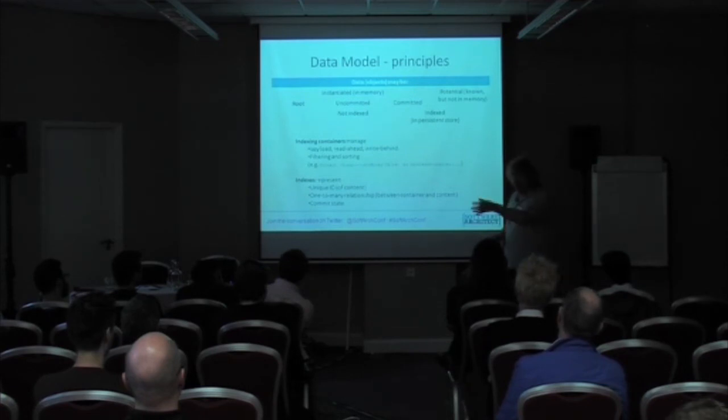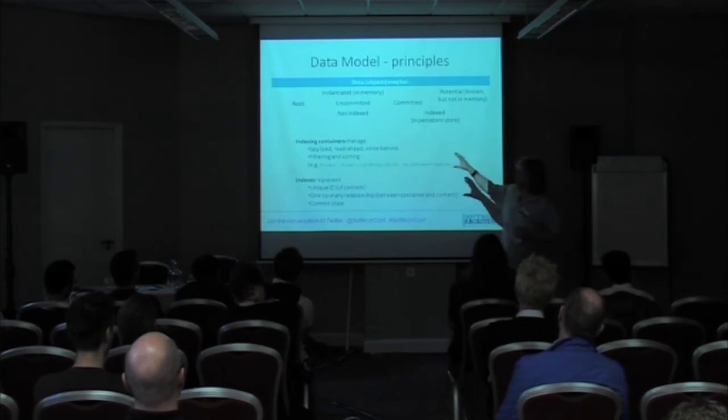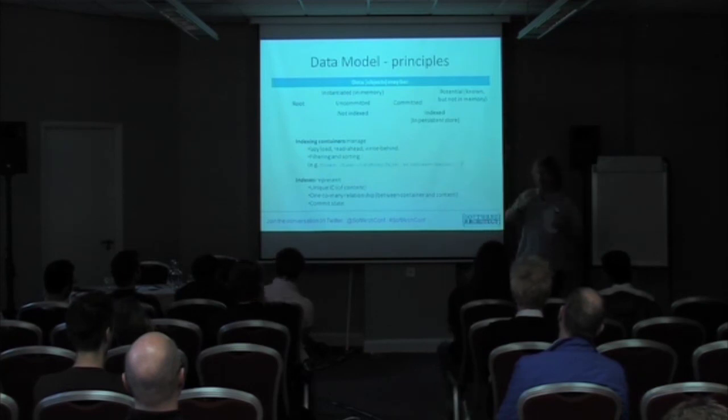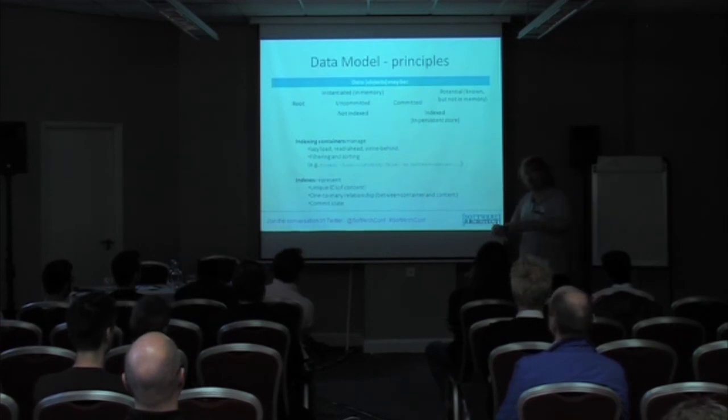The index is, by definition, null. We know that it exists in the database, we know that it's persistent because it has an index, and that is the key. We give it an index, it's persistent. It doesn't have an index, it's not persistent. So that's a really simple thing to keep in mind. Bear in mind that the indexing containers are all about lazy loading. So behind the scenes of what you're about to see, there's a lot of stuff which is anticipating what we're going to have to read, anticipating what we're going to have to do.